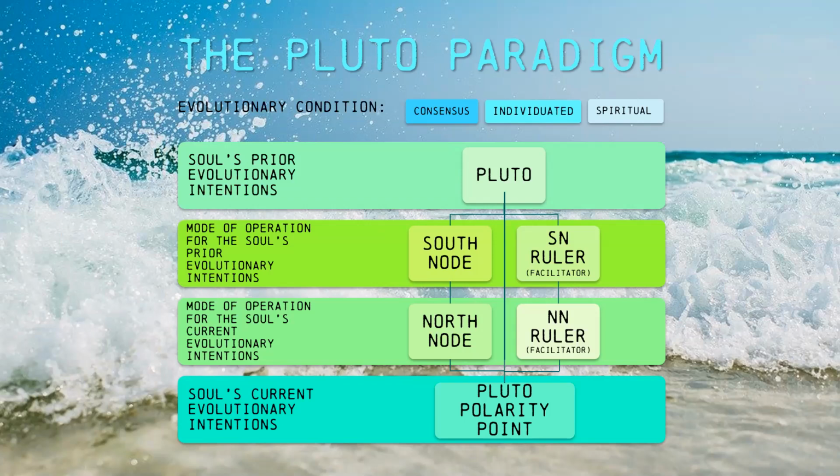So for example, if you have natal Pluto in Scorpio in the 3rd house, the polarity point to that is going to be Taurus in the 9th house. And what that symbolizes is the current evolutionary intentions for the life, that by embracing the opposite house and sign of Pluto, there's going to be an automatic regeneration or rebirthing of the natal Pluto itself.